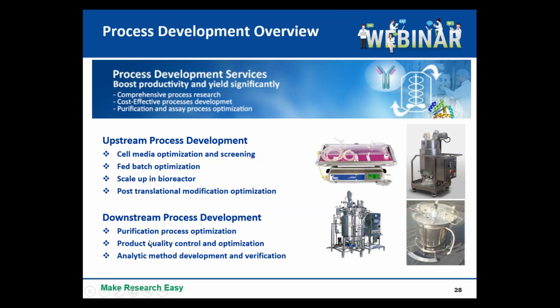For downstream process development, we can do purification, process optimization, product quality control, analytical method development, and verification. With these steps and the associated documentation, we can push your lead to IND much faster.